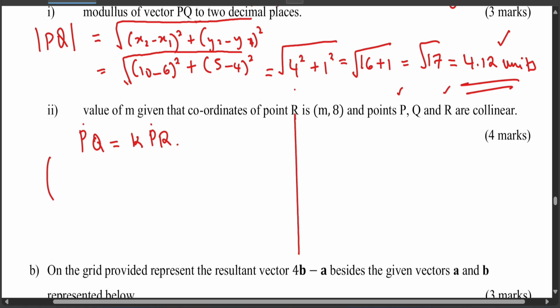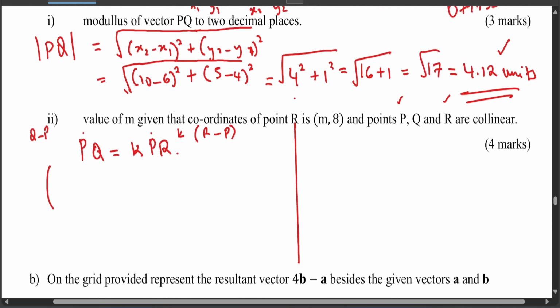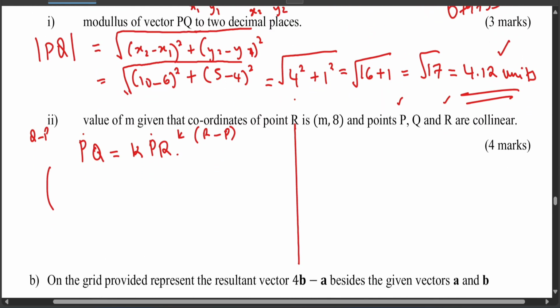So PQ is just Q minus P, and K PR, so K into bracket R minus P. So let's find Q minus P, and we had found it, but let's just do it again. So Q here was (10, 5), and then P is (6, 4). So (10, 5) is Q minus P, (6, 4).